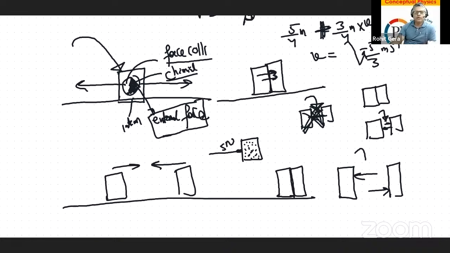No. This collision also, just like an explosion, is internal to the system, between the particles of the system. No one has come externally at the point of collision or otherwise to say, okay, I'm applying 5 newtons extra force now. Then you can say some extra motion has been added to the system. But if it is an internal collision, like these two bodies coming towards each other, it does not add anything to the momentum, the quantity of motion. It doesn't add anything.